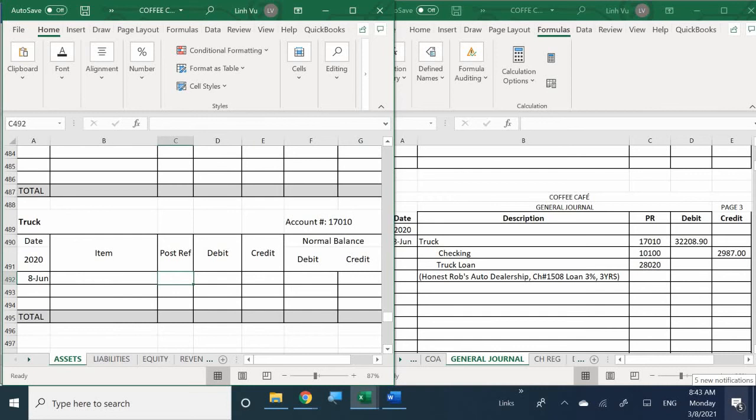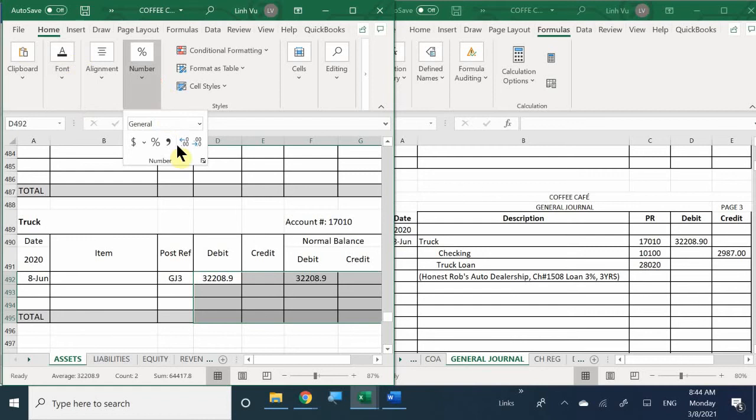Obviously, you're going to be increasing your truck value, so this is pretty straightforward. General journal number 3. And this is a debit for $32,208.90. Of course, it's your first entry, so your debit balance should be $32,208.90.